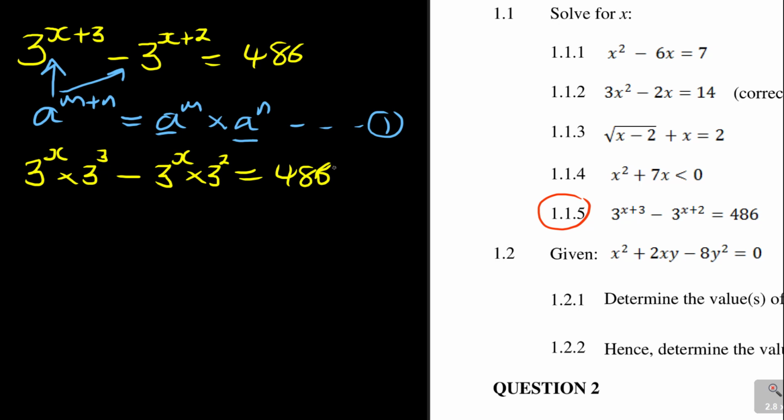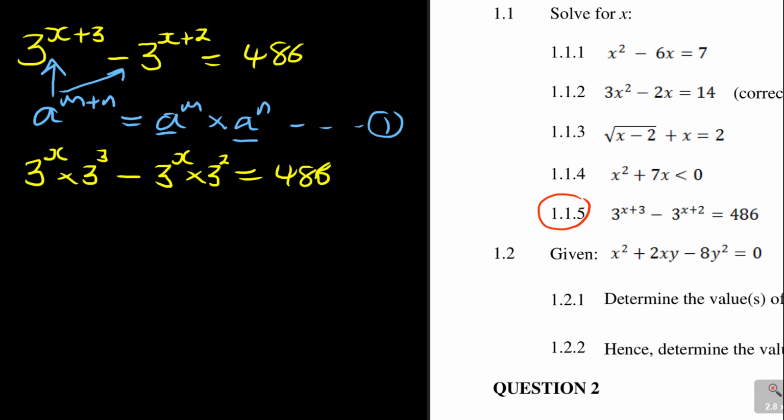Why am I doing that? I'm doing that so that I can factorize this out. That was the main reason. So that I can factorize 3 to the power of x. Remember, when you're factorizing, it's as good as you are cancelling that into that, you are left with that, and cancelling that, you are left with that. You're seeing that? That is what factorizing is all about.